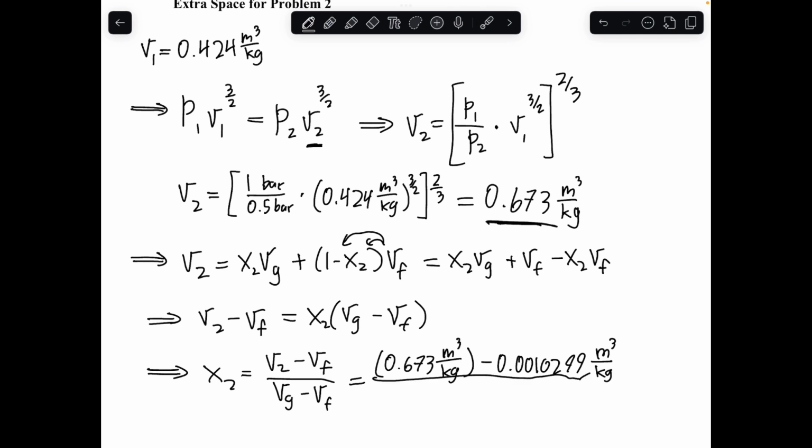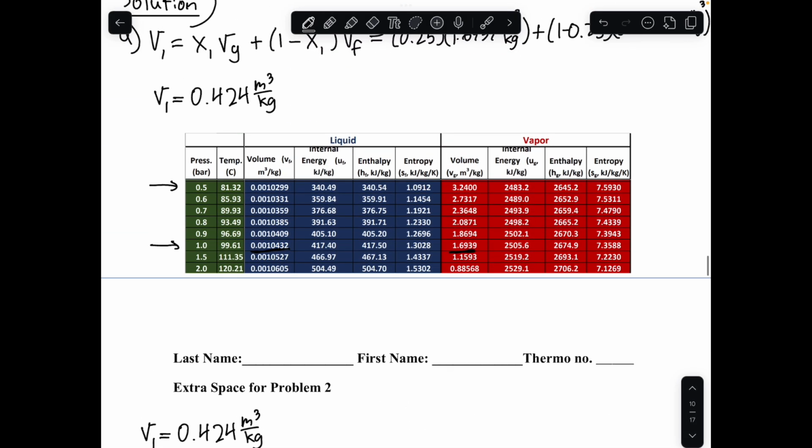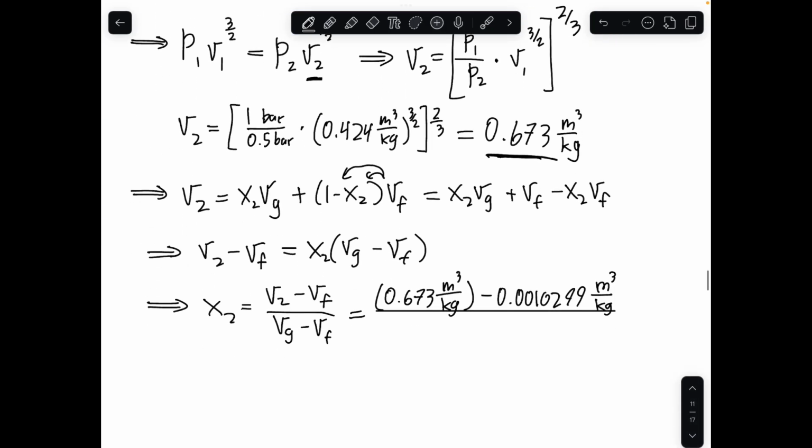And all of this is divided by our value for Vg, which is 3.24 meters cubed per kilogram, minus the same thing, 0.0010299 meters cubed per kilogram.